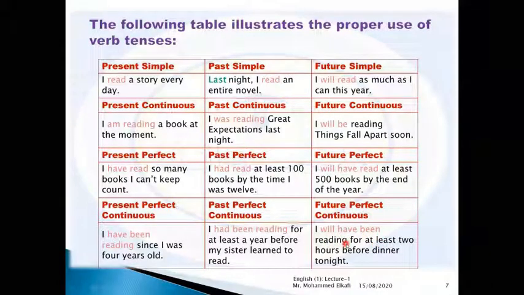So we think of the form: I will have been reading for at least 2 hours before dinner tonight. So will have been plus verb plus ing, reading, is the form of future perfect continuous.